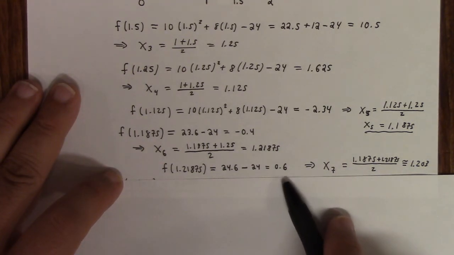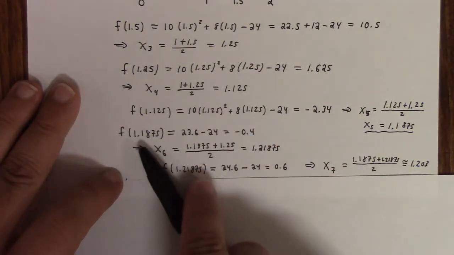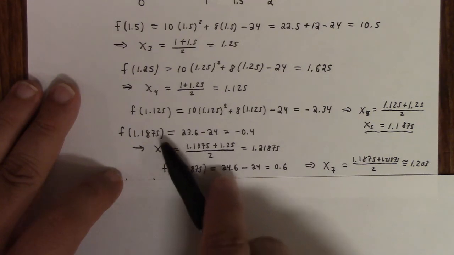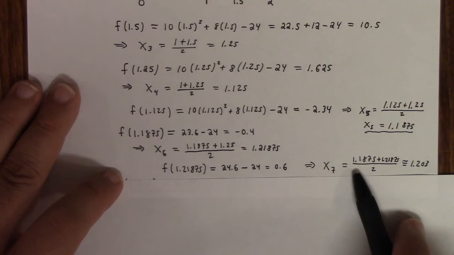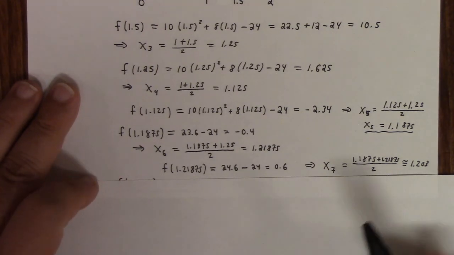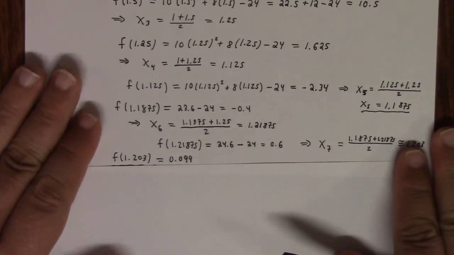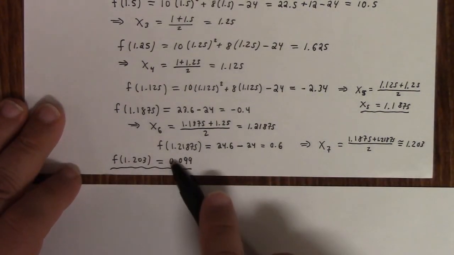So, okay, that means that an answer has to be between 1.1875 and 1.21875 roughly. So I take the midpoint of those, that's my 7th iterate, and that gives me 1.203. And at this point I've run out of paper, so we're going to have to let that be our answer. But f of 1.203 is about 0.099.